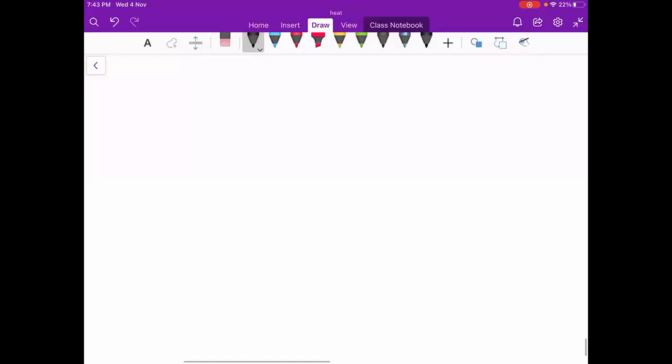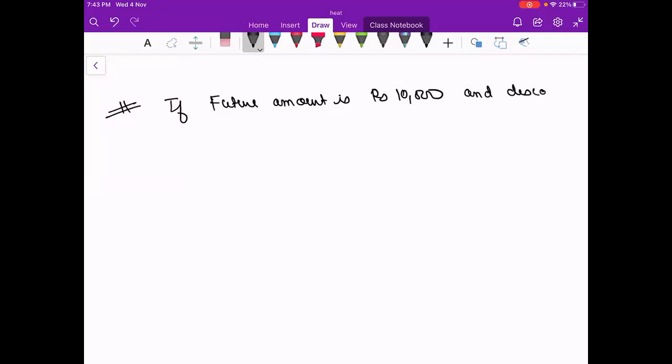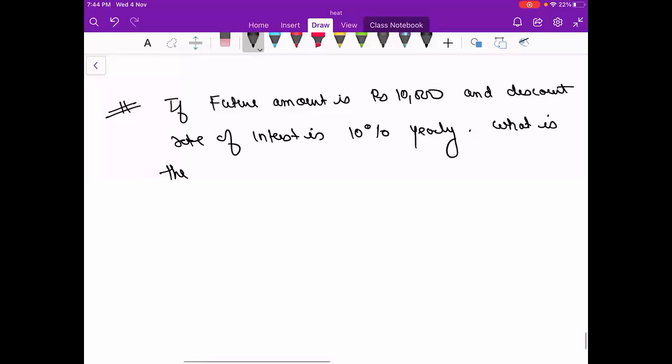Okay, write one question. If the future amount is rupees 10,000 and the discount rate of interest is 10% yearly, what is the discounted amount for today?